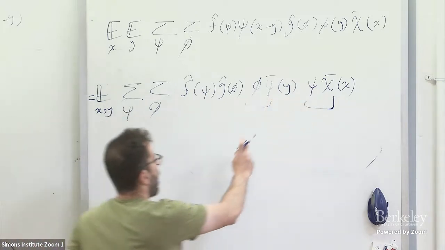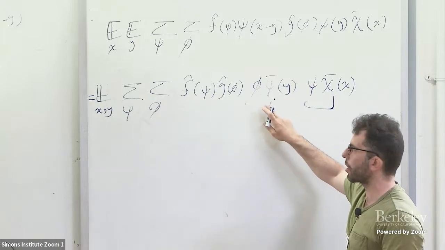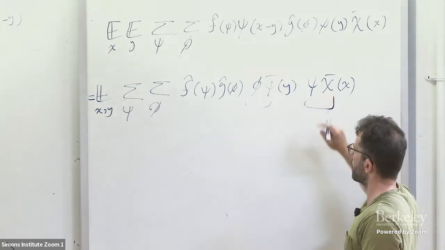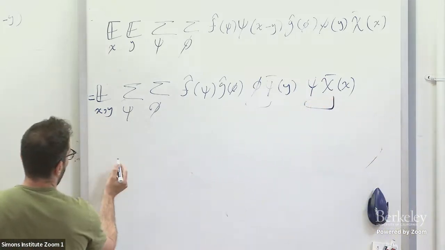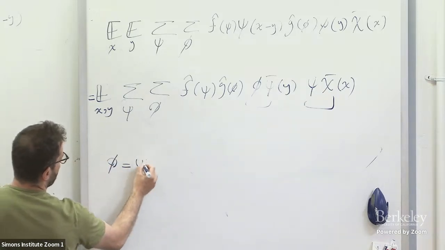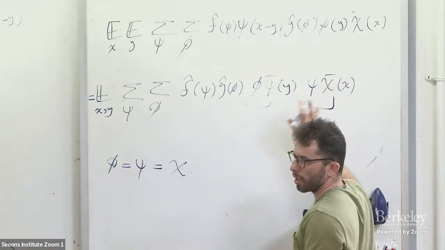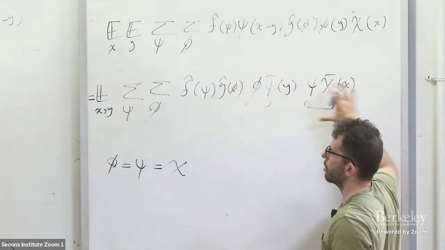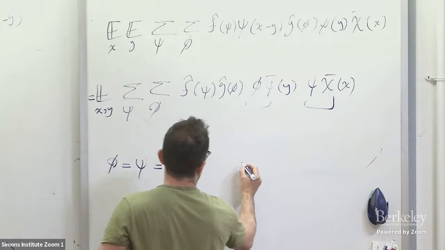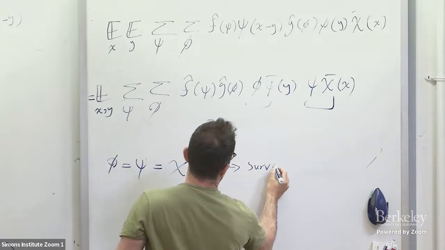So when I'm averaging over y, the only way I'm going to get non-zero is if this is the principal character. And the only way I'm going to get a non-zero thing here is if this is the principal character. So the only surviving terms are going to be phi being the same as psi being the same as chi. If this is not the case, this term is going to disappear when you take the expected value. So these are the only surviving terms.